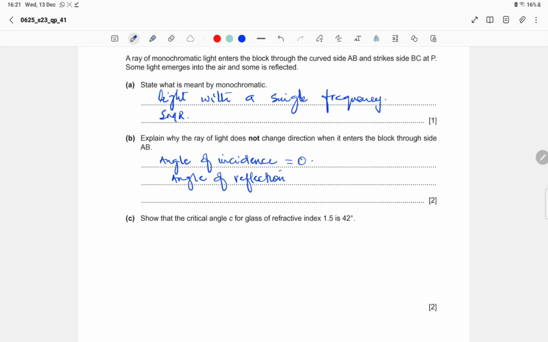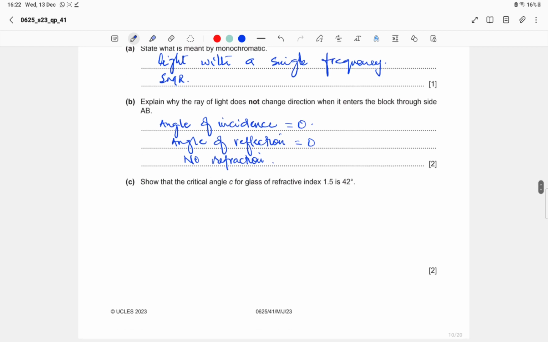So there is not going to be any refraction, or you can say that when the light ray is perpendicular to the medium, making a 90-degree angle with the surface or boundary of the medium, it's not going to refract.